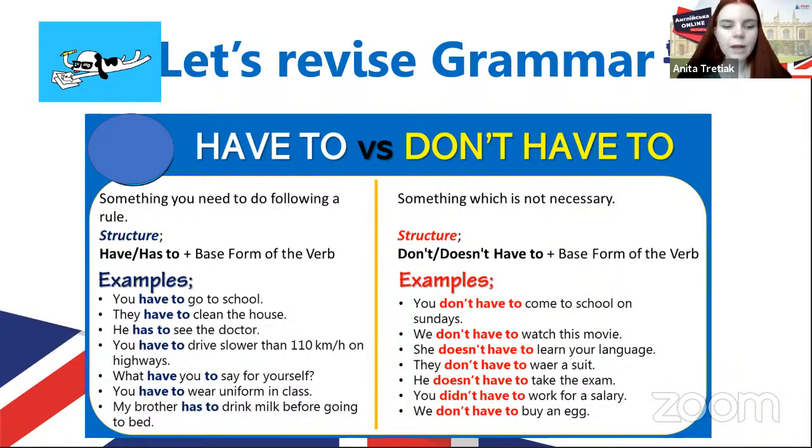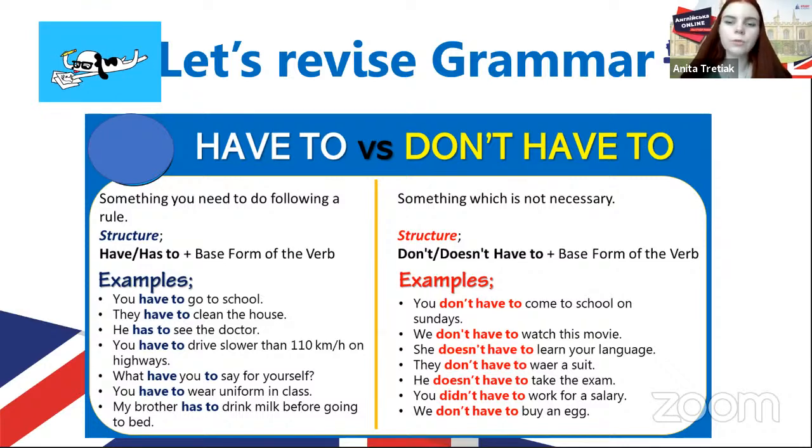Then my brother has to drink milk before going to bed. That can also be a rule because in this case, that's good for his health or whatever this could be. So this is when we use have to, the structure, and also we had some examples.